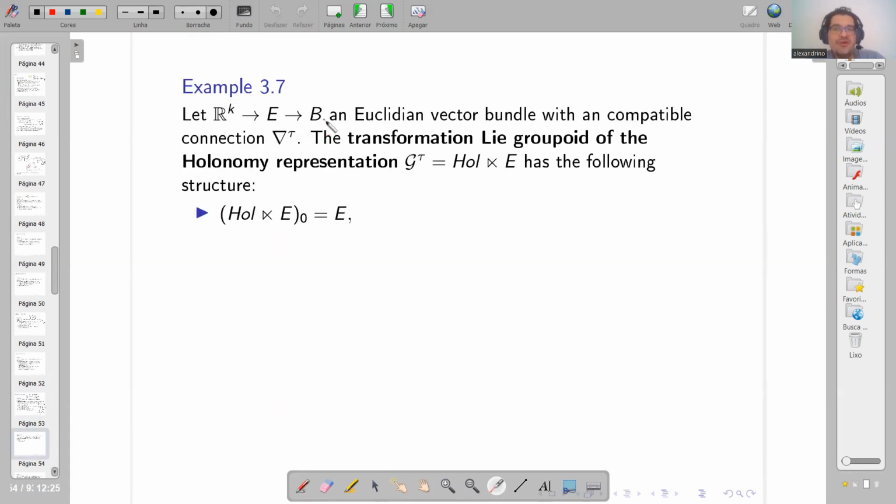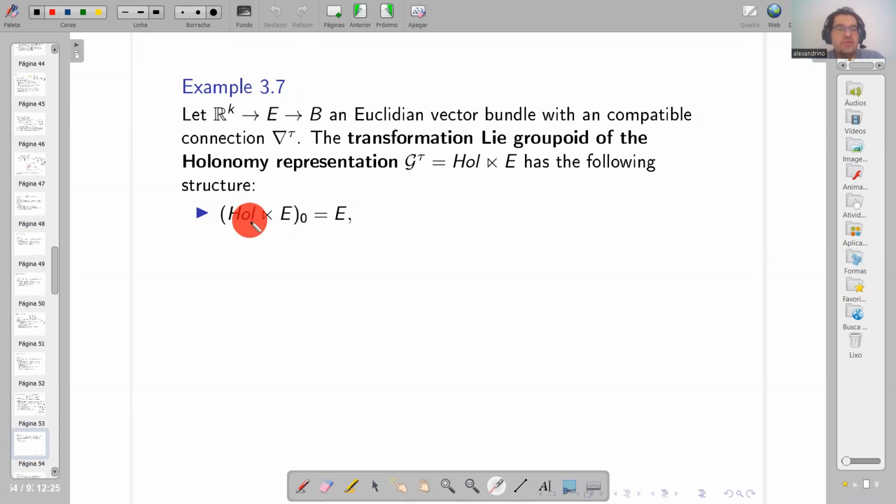And now we will construct, in some sense, the associated bundle. So we start here with our Euclidean vector bundle. And we know that there is a natural way in which our previous groupoid acts on this. So let us then define what we'll call the transformation Lie groupoid of the holonomy representation.